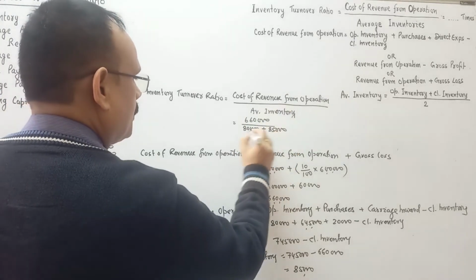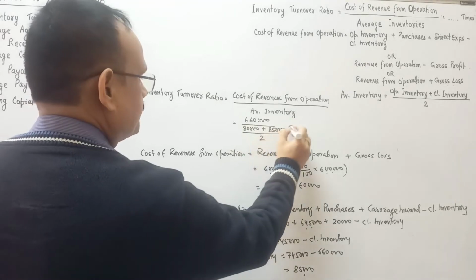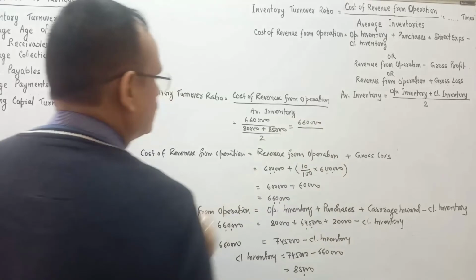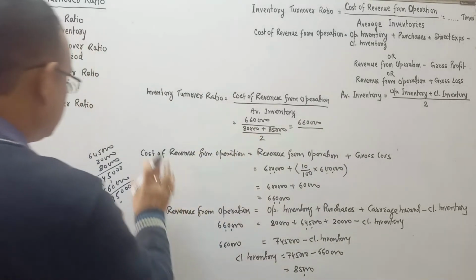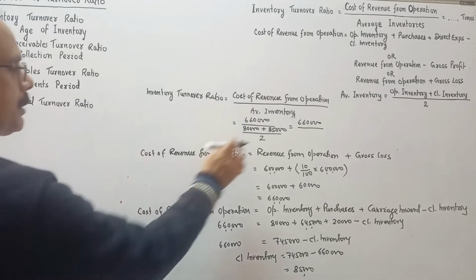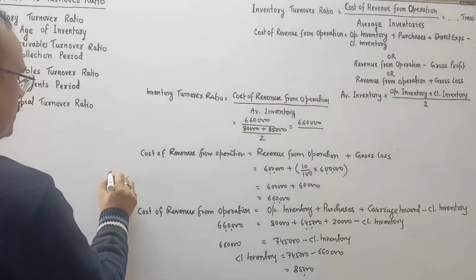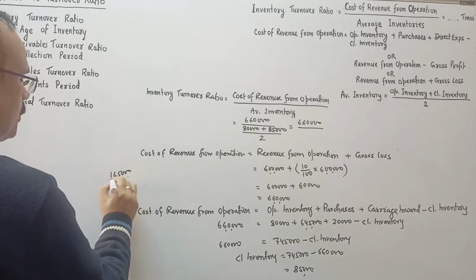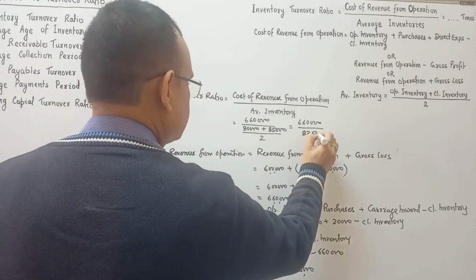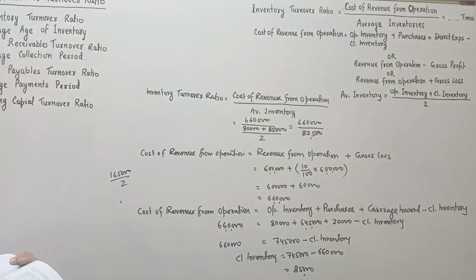and closing inventory is 85,000, upon 2, it's the average inventory. When you do the total of these two, it is 1,65,000 upon 2. So it is 82,500, the average inventory.